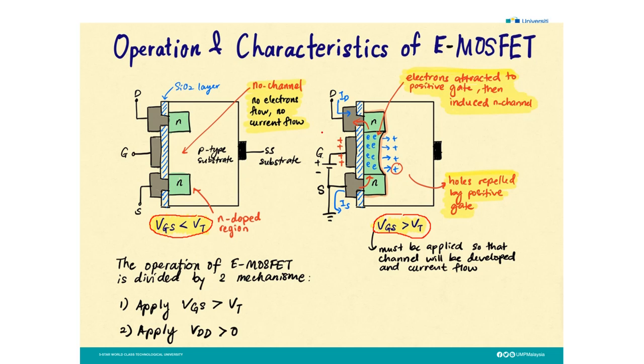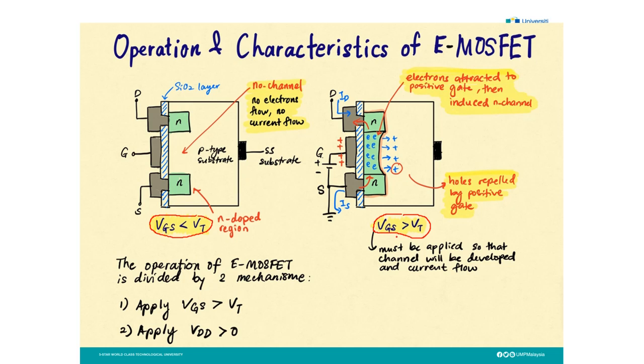Okay, see the second diagram here. In this diagram there is a channel. So how does it work? Like I said before, VGS must be greater than VT, and this VGS is in positive value.